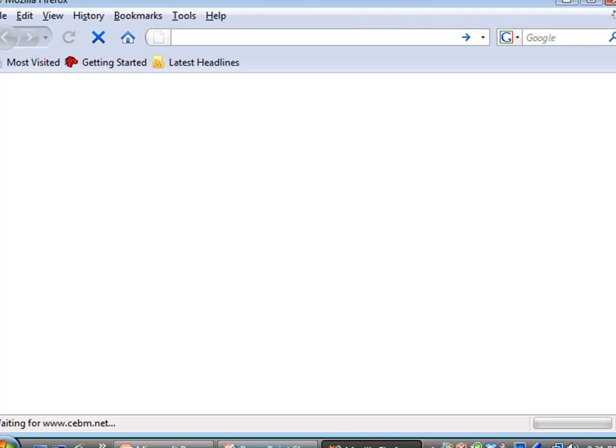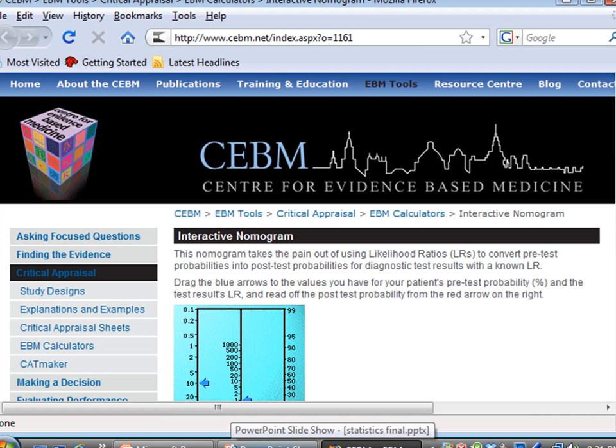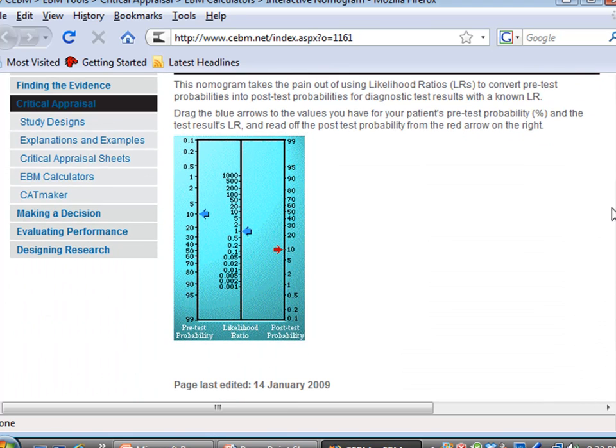Let's use the automated nomogram again. We know that the pretest probability is 70%. Let's assume we get a positive Lachman's on our patient.